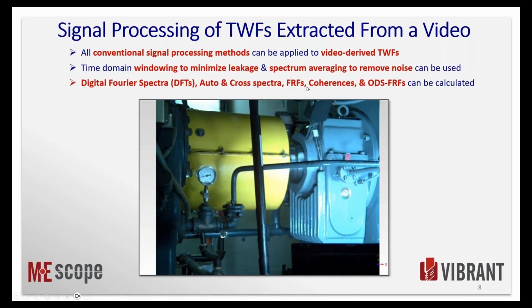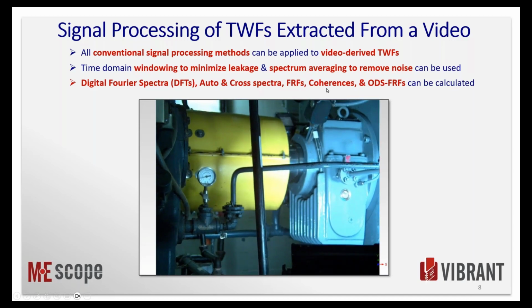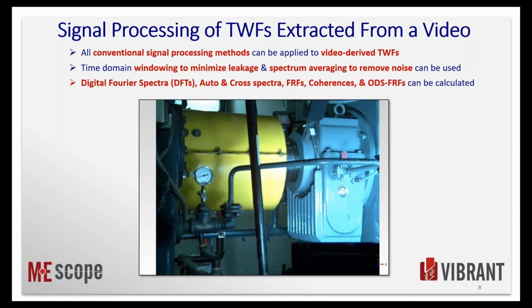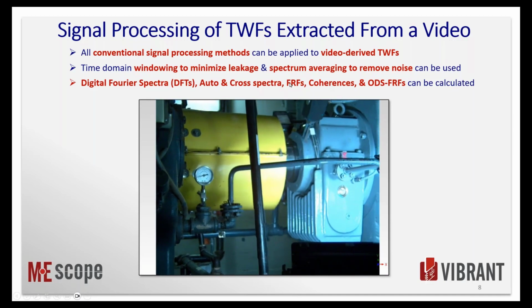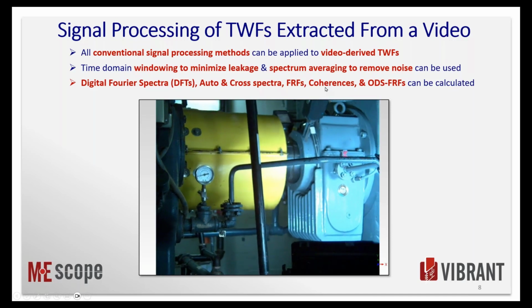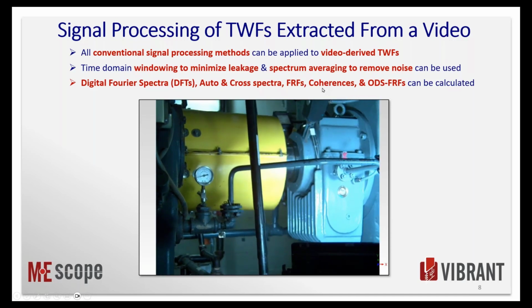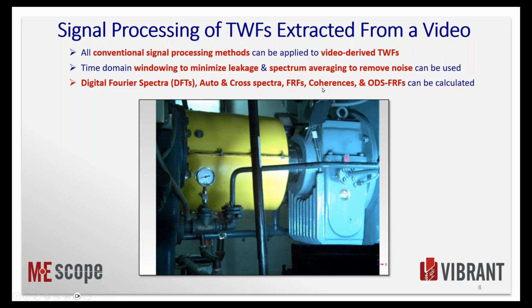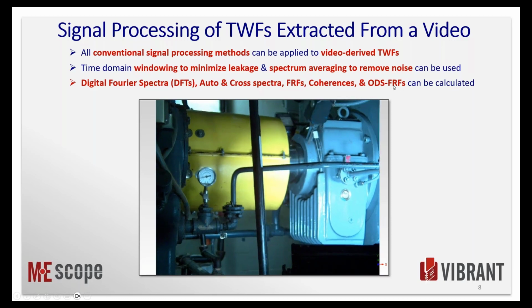And then the coherences come along with the FRF calculation that tell us whether the input, the force that we measure, is related to the response that we measure. So these two typically are a pair of measurements made in FFT analyzers and digital signal acquisition systems. We can do this stuff in MEscope also.